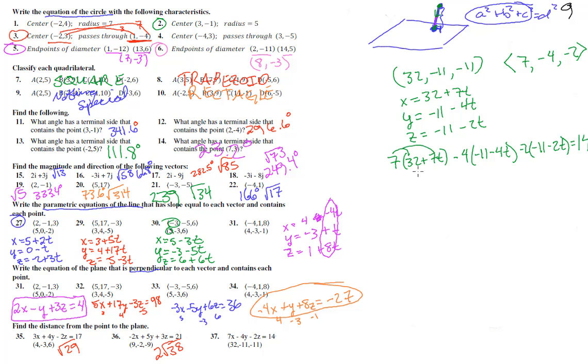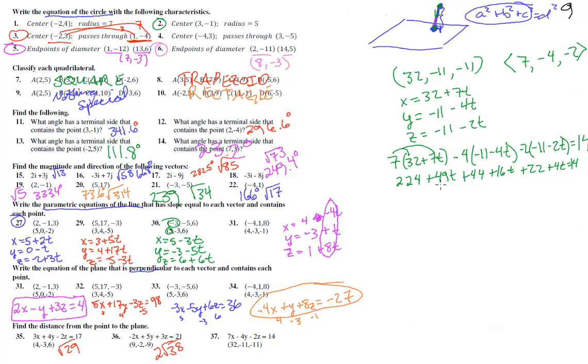Okay, so jump that in, that's 224 plus 49t plus 44 plus 16t plus 22 plus 4t equals 14.